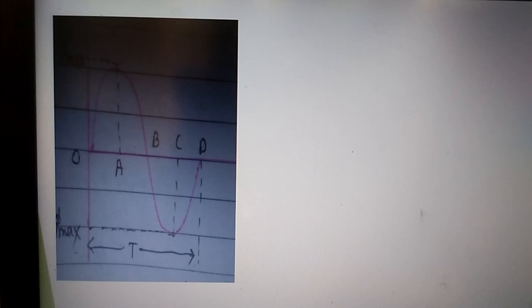So this is the sinusoidal waveform of alternating flux, because we provide the alternating supply to the transformer's primary winding. Therefore everything which is developed inside the transformer is also of the same nature. Here you can consider point A and point C. Point A represents the maximum point and point C represents the negative maximum point.